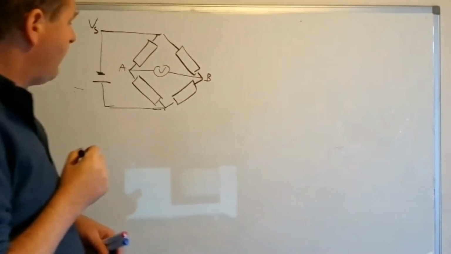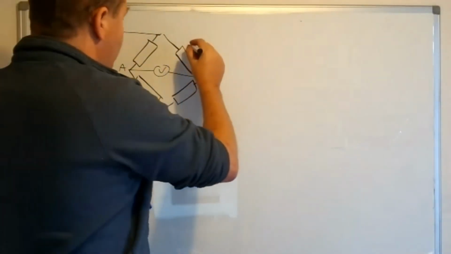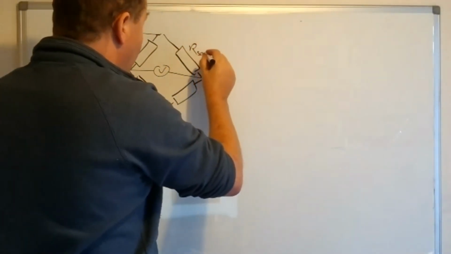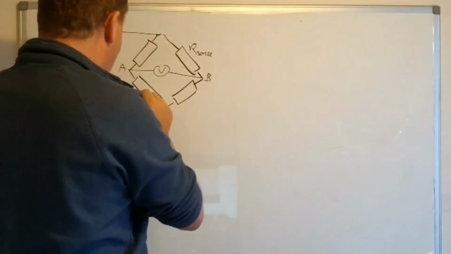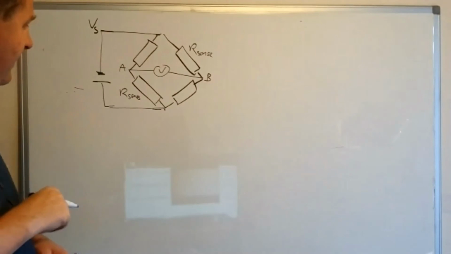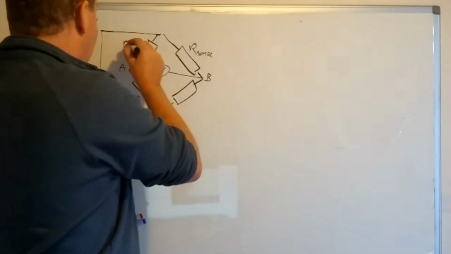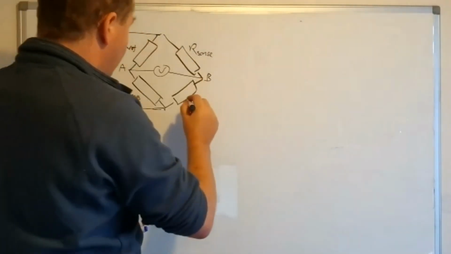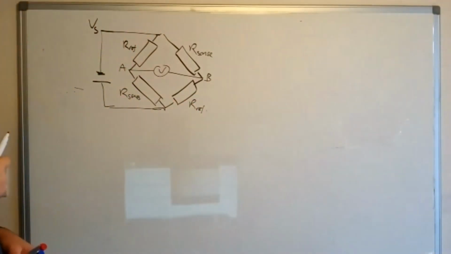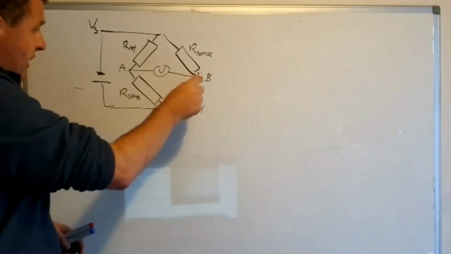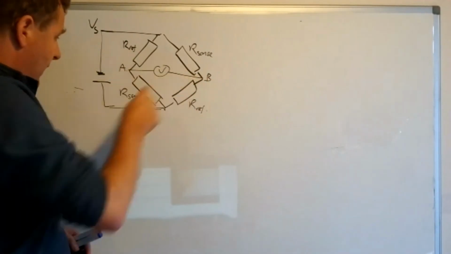Okay, so we have 4 resistors like that, and 2 of them are our sensor. So this is using 2 sensors hooked up, and we have 2 reference resistors. And what we're doing in this scheme is measuring across the middle of the diamond here from A to B.